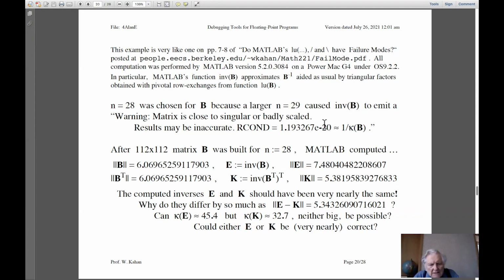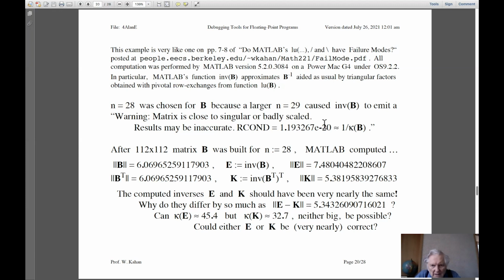So that says the sine of that angle is of the order of 10 to the minus 20. That's very nearly singular. Okay, so we stop at 28 times 4. And so our matrix is of dimension 112 by 112.